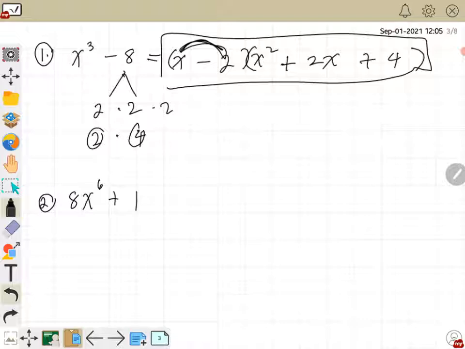Number 2, let's examine first if they are really cubes. 8 is a cube, x raised to 6 is a cube, 1 is a cube because 1 is 1 times 1 times 1. Okay, 1 is a square, 1 is a cube. So we have the same idea.